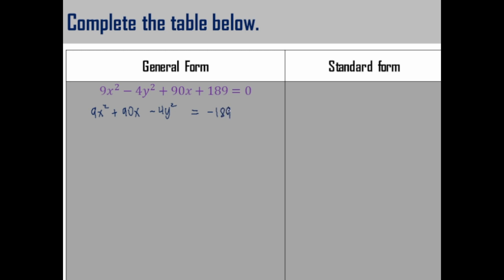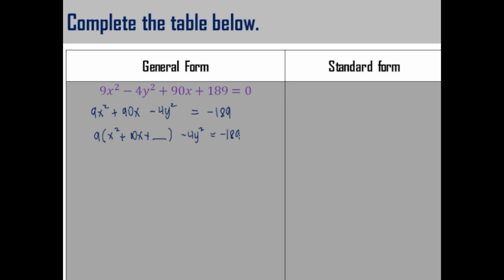Okay? After po neto, ay kailangan i-factor out itong x. Ito ay 9 times x square plus 10x. Okay? And then, meron tayong space para sa ating completing the square, and then copy yung negative 4y square equal to negative 189.